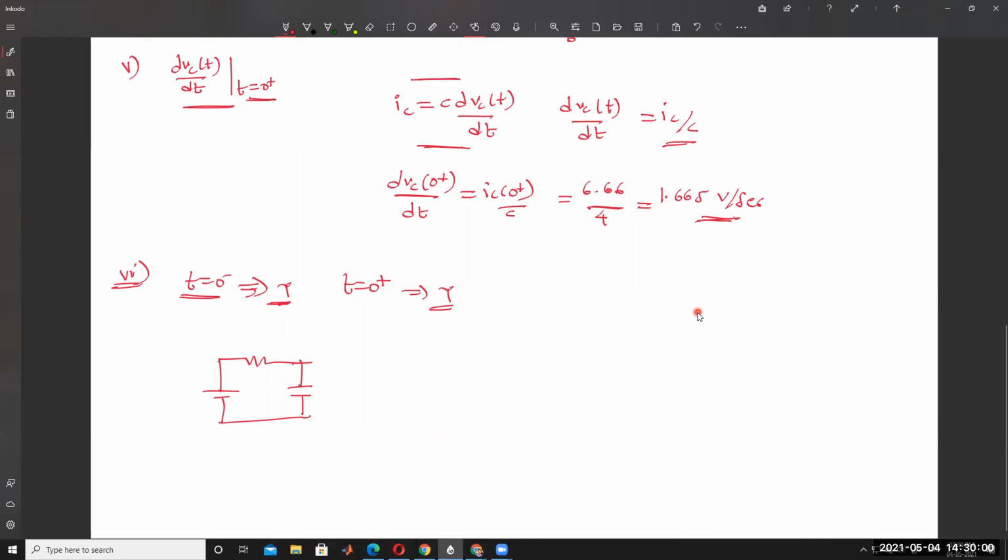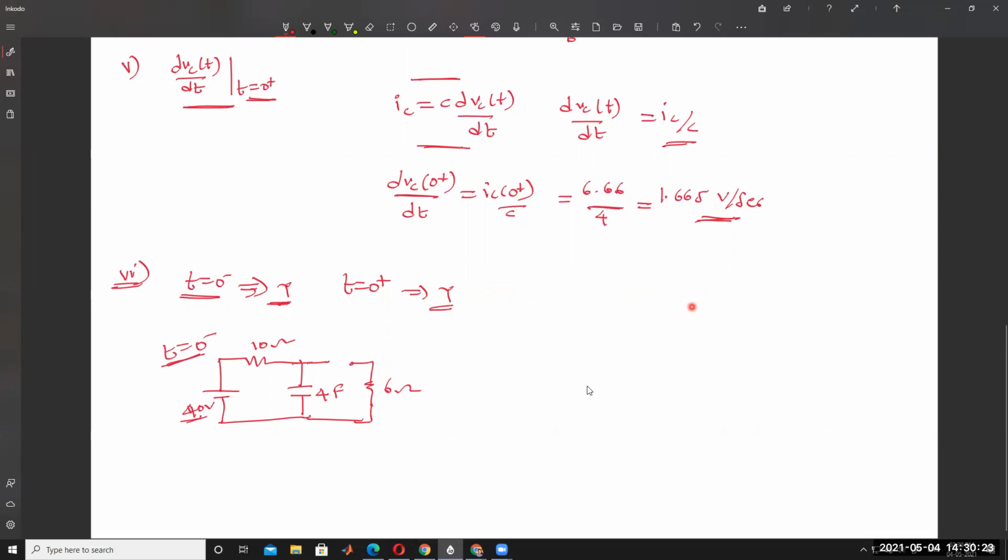At t is equal to 0 minus the switch is open, and this is a 6 ohm resistor. This is the 10 ohm resistor, this is 4 farads, and this is the 40 volts. This is the circuit condition at t is equal to 0 minus.